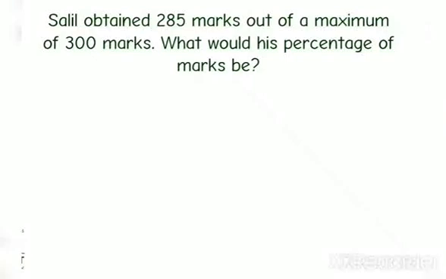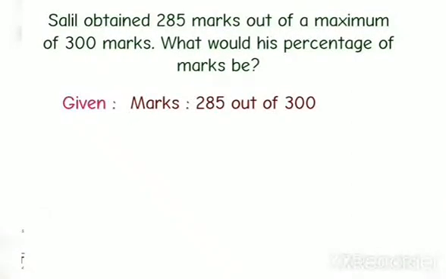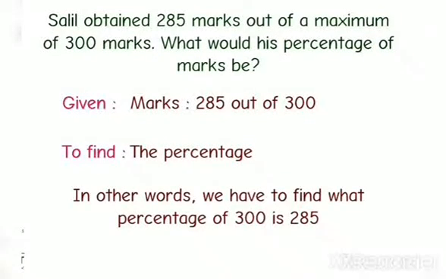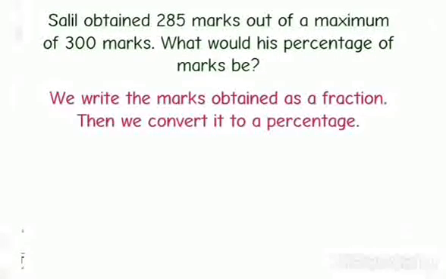Let's try some word problems. Salil obtained 285 marks out of a maximum of 300 marks. What would his percentage of marks be? Now children, we are given marks 285 out of 300, and to find the percentage, we have to find what percentage of 300 is 285.